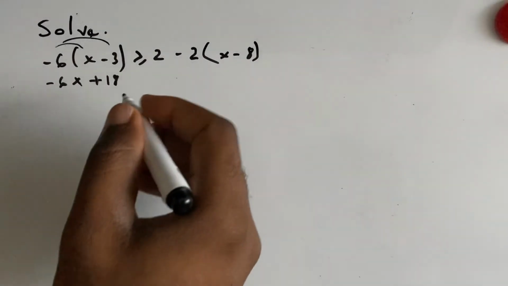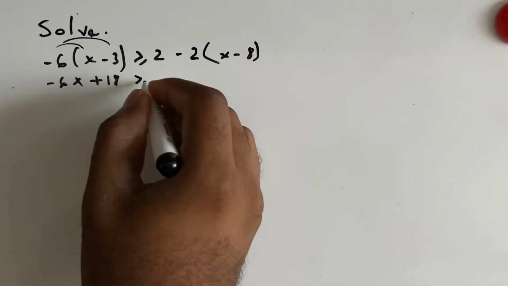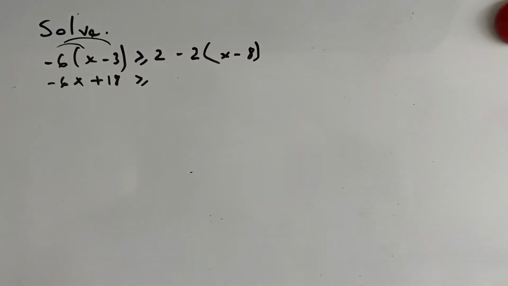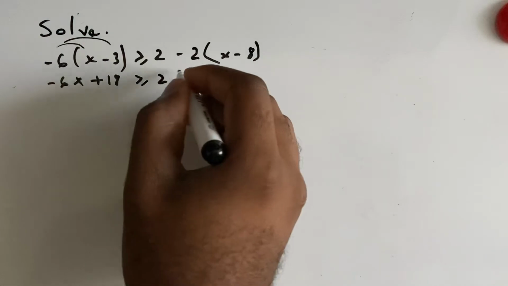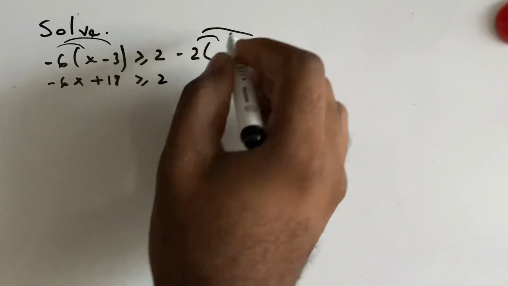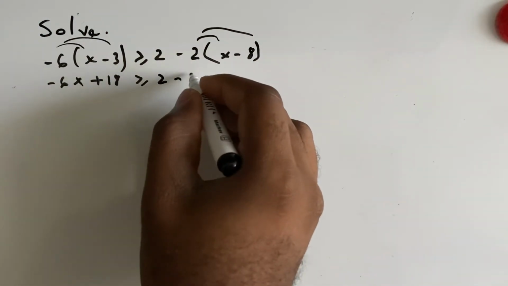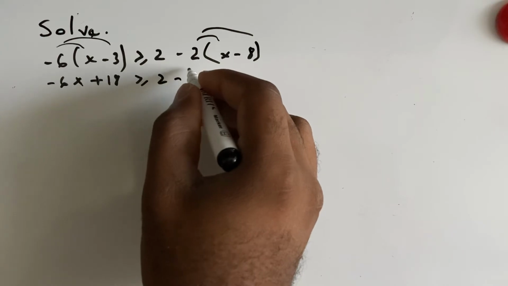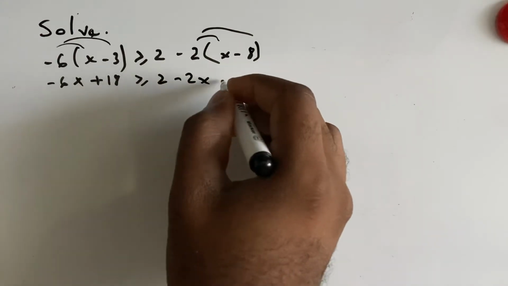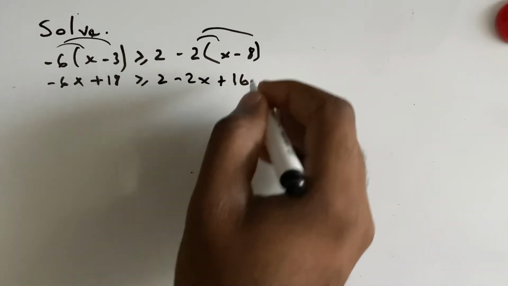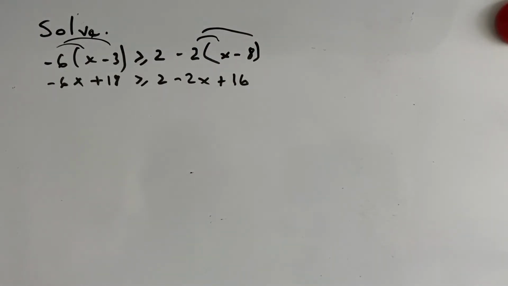Then greater than or equal to 2, and I'll distribute here as well. Minus 2x plus 16. Okay. All right.